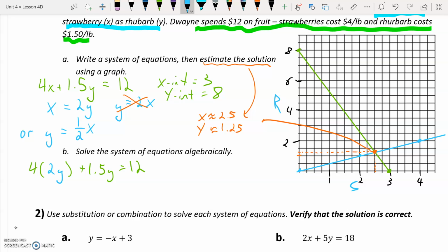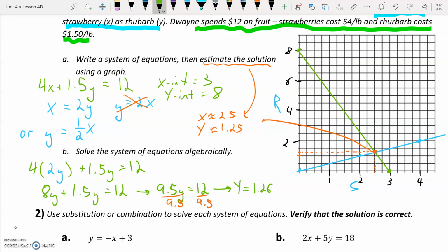and substitute that in. And so what we end up with when we simplify this is 8y plus 1.5y equals 12. Combining like terms, you get 9.5y equals 12. And then dividing both sides by 9.5, we end up with y equals 1.263, which notice fits what our estimate was, about 1 1/4 pounds.